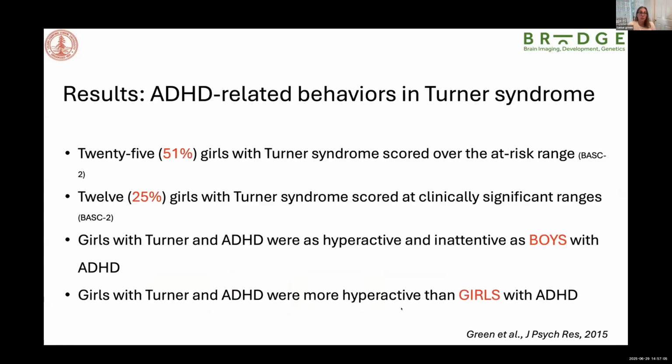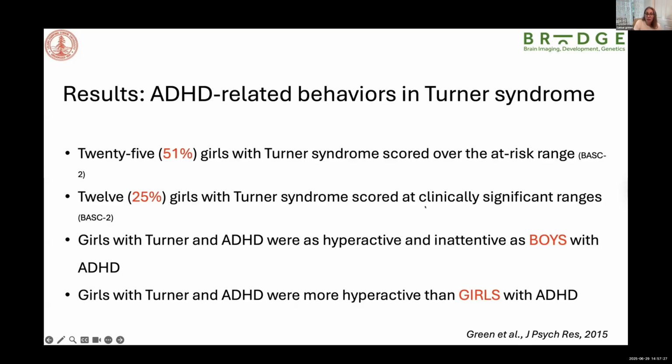What we found is that 50% of the girls with Turner syndrome will score over the at-risk range for attention difficulties, and 25% of them will score in the clinically significant range.